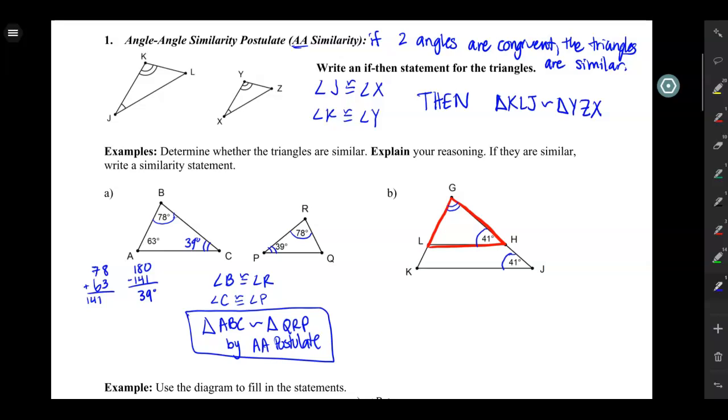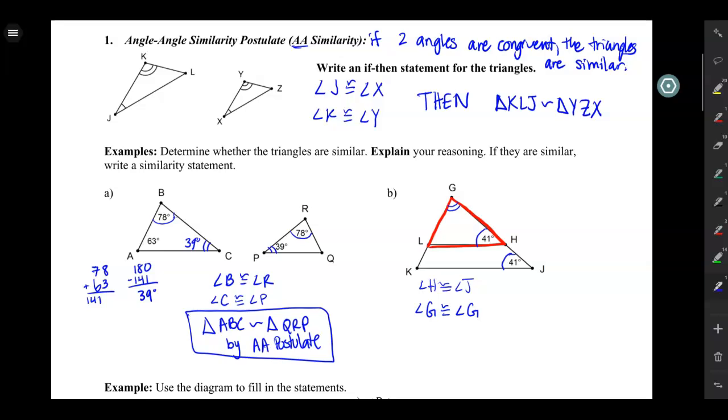So what we can say is that we know angle H is congruent to angle J. That's the 41-degree angle. Then we also know that there's an angle G in the smaller red triangle that's congruent to angle G in the larger KJG triangle.